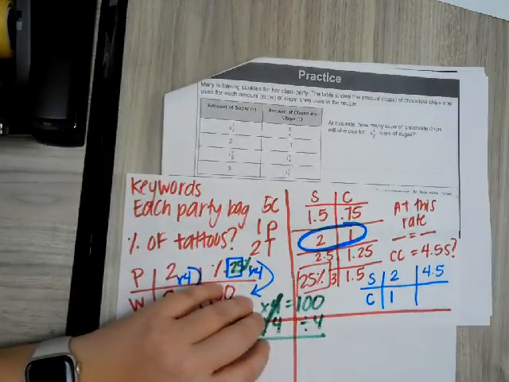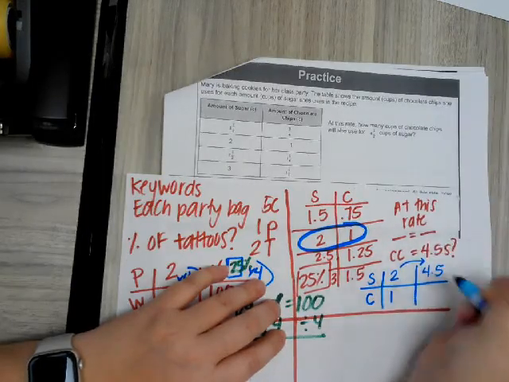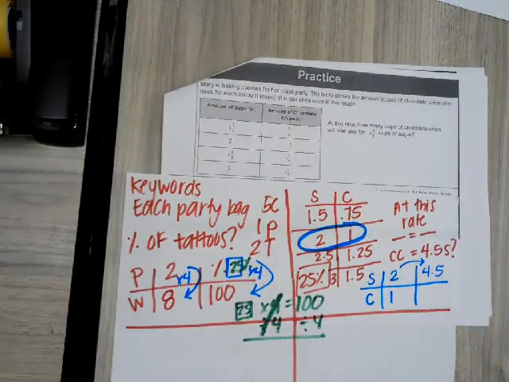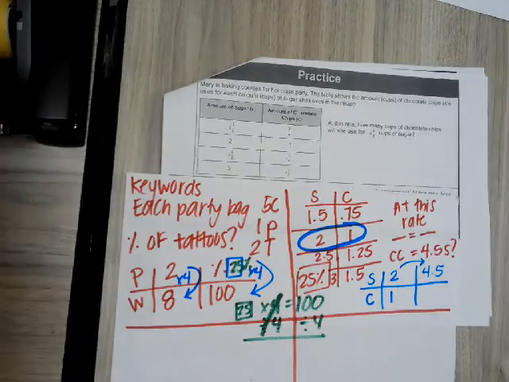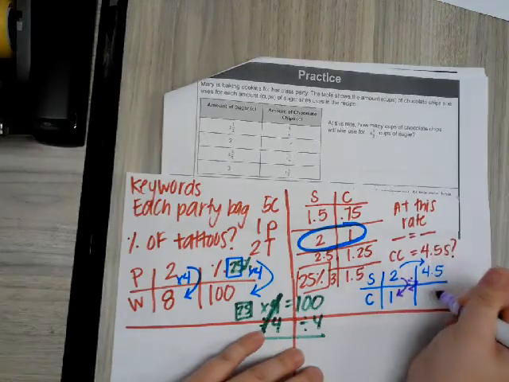So I got to figure out how can I get from 2 to 4.5. Well, I may not know that, but I do know how to get from 2 to 1. I can divide by 2, right? So whatever I do to the left, I have to do to the right.